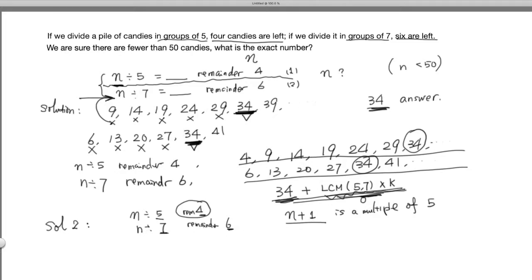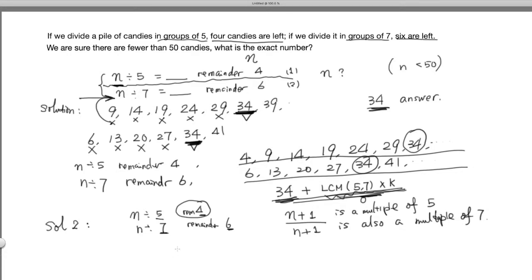And here, if n divided by 7 has remainder 6, then n plus 1 divided by 7, the remainder is going to be 0 as well. So n plus 1 is also a multiple of 7.